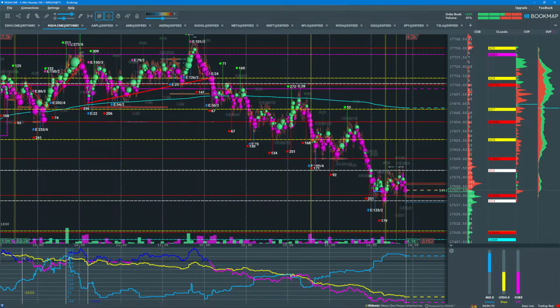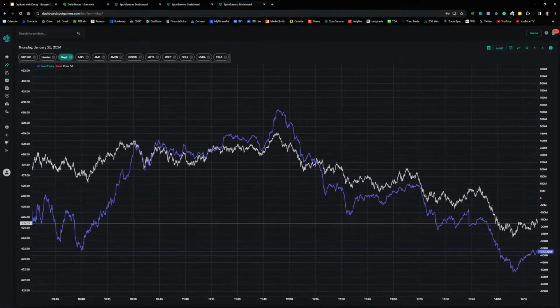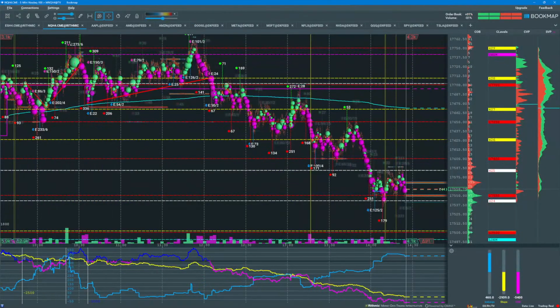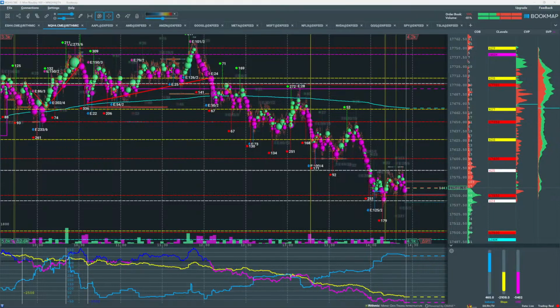Let's see. I typically do not label the QQQ SpotGamma levels. Let's see what 424 and 425 are. All right, 425 is the zero gamma level, and 424 is a large gamma 1 level.